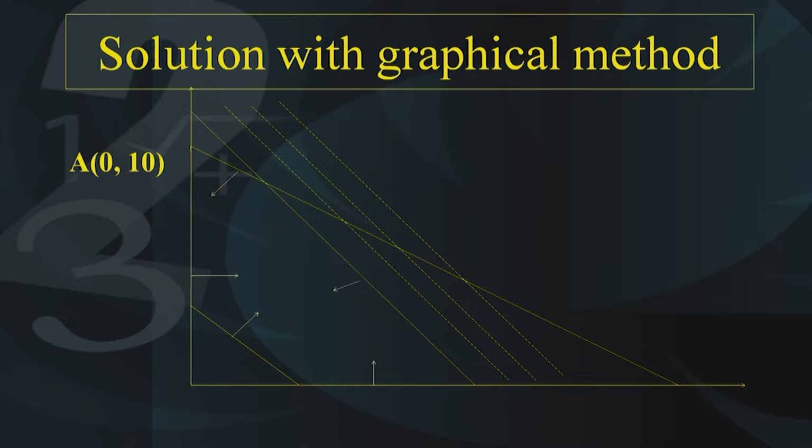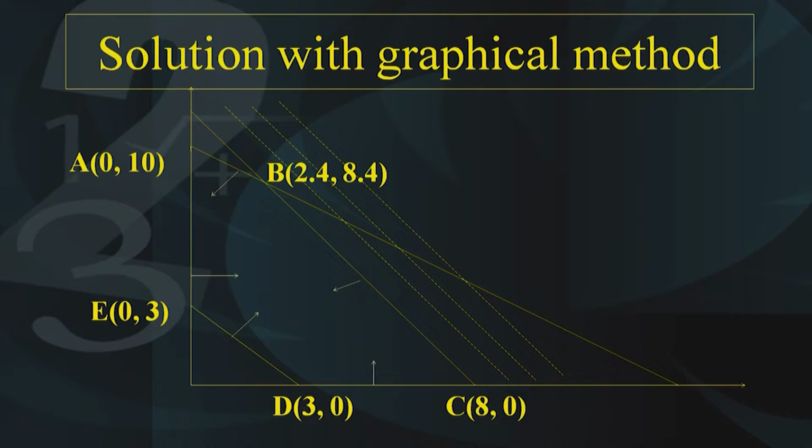Therefore, the feasible region turns out to be the point A given by (8, 10), the point B given by (2.4, 8.4), the point C given by (8, 0), the point D given by (3, 0), and the point E given by (0, 3). This is the feasible domain of the problem.